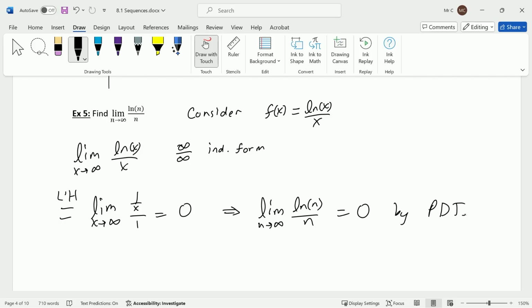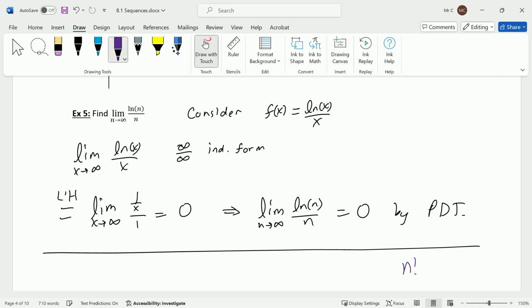Now, oftentimes, I've been accused of being really picky about this particular requirement, converting this to a function of x instead of just leaving it in terms of n and trying to write L'Hopital's rule that way. And I'm picky for what I think is a very good reason, because not all sequences have real valued functions that you can swap them out with. Take, for example, n factorial.